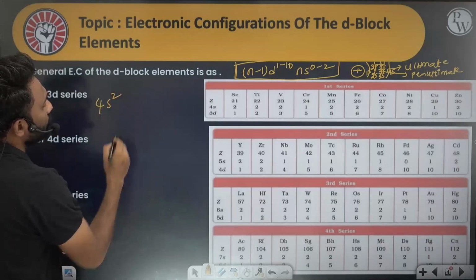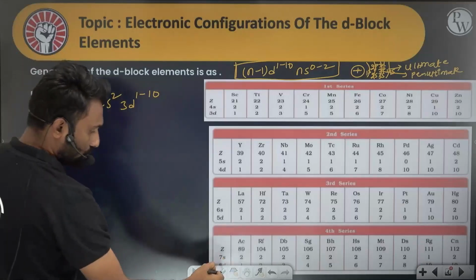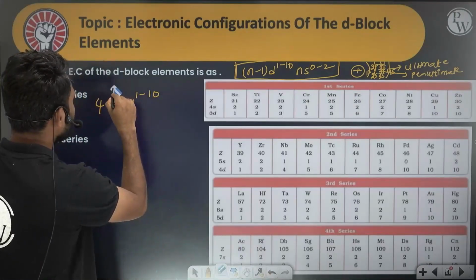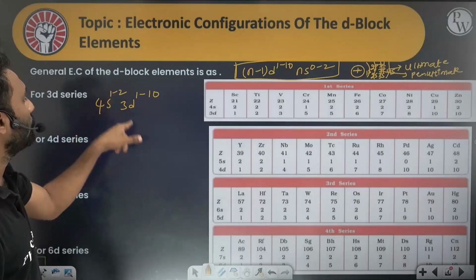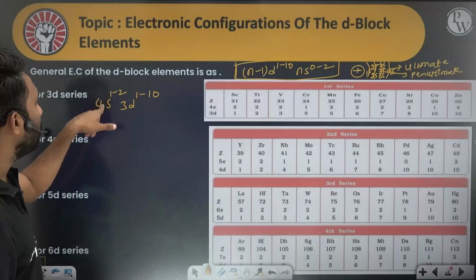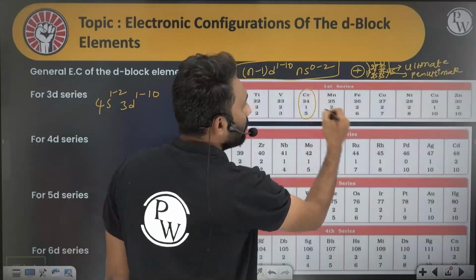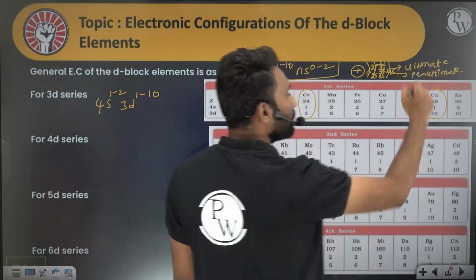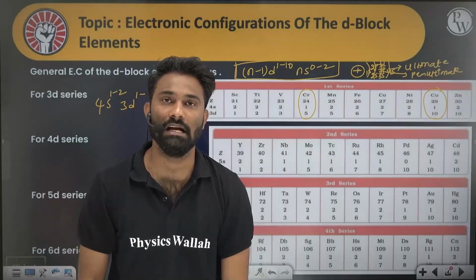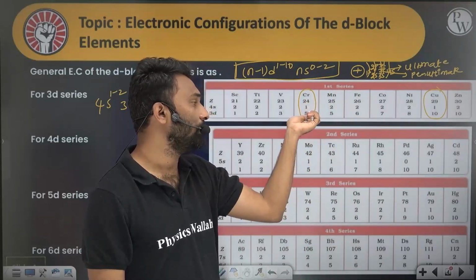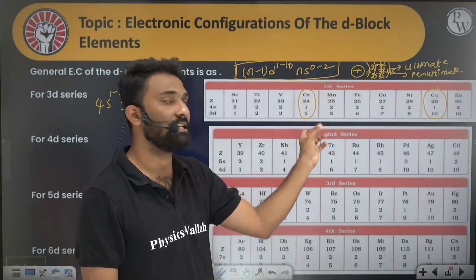4s 1 to 2, 3d 1 to 10. Why have I written 1 to 2? Because chromium and copper are having the exceptional electronic configuration. Because chromium, due to the half filled stable electronic configuration, is showing the exceptional electronic configuration.